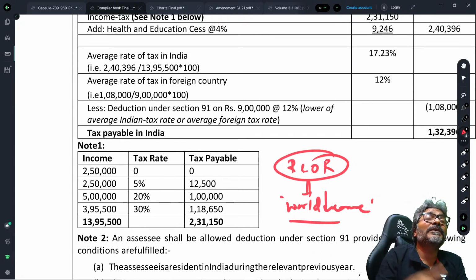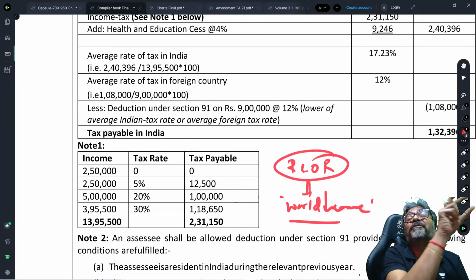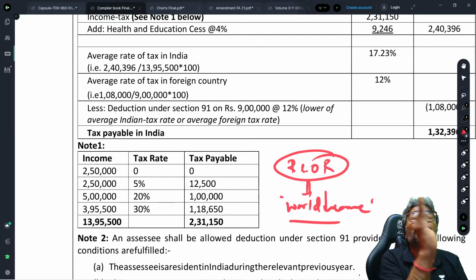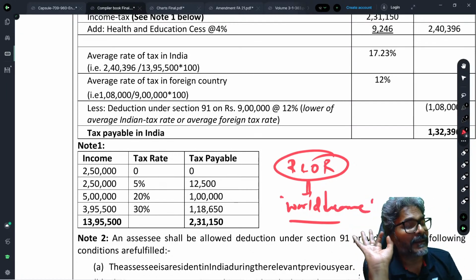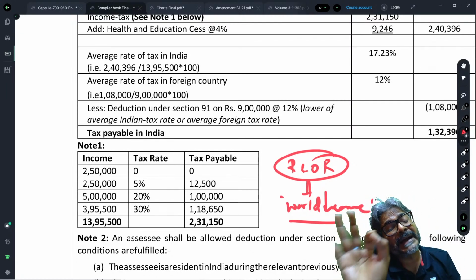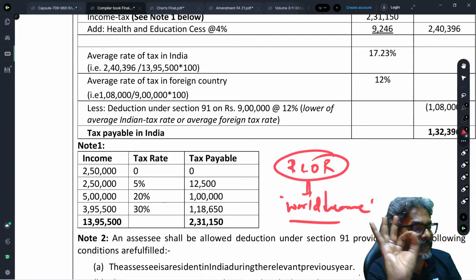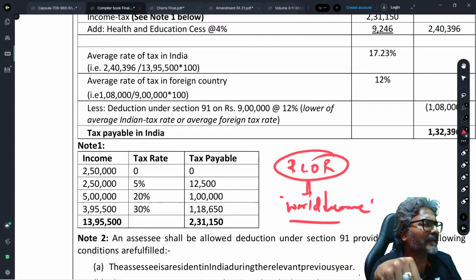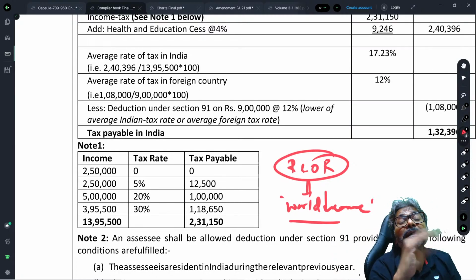So please do the first step: if the foreign income is given to you in foreign currency, then first and foremost, friends, you will have to convert that into INR. Is that clear to all of you? And once it is converted into INR, thereafter you will start calculating the total income.